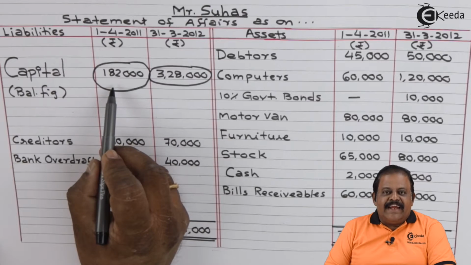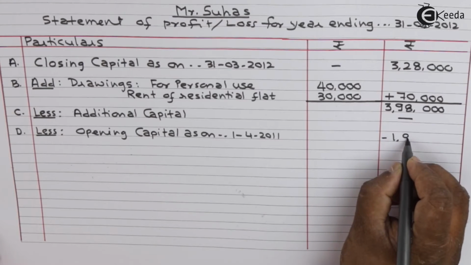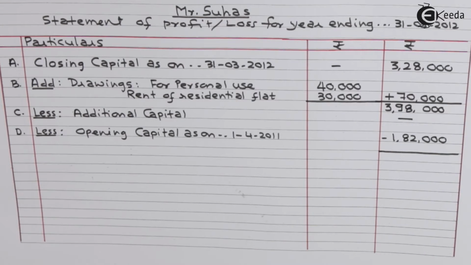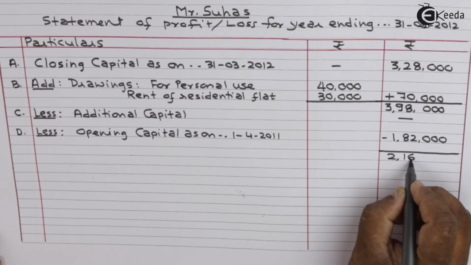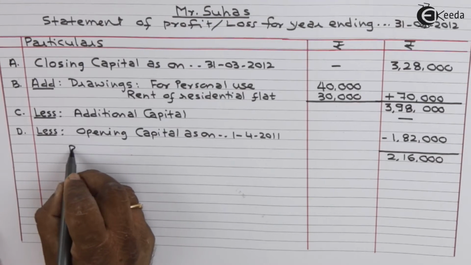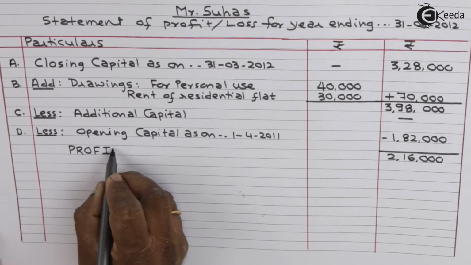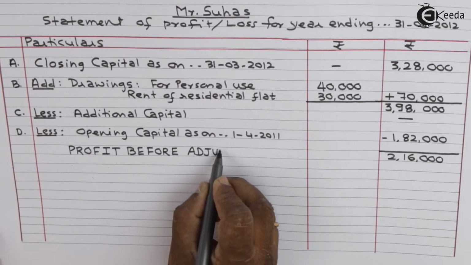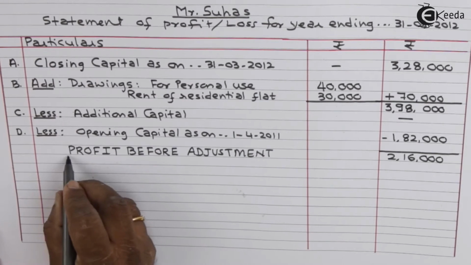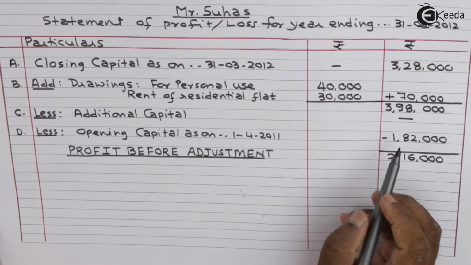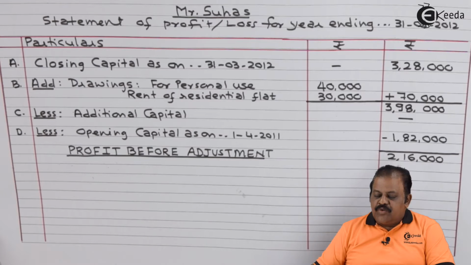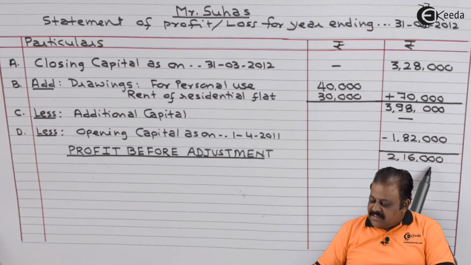We got opening capital 1,82,000. From 3,98,000, if we deduct opening capital 1,82,000, we arrive at 2,16,000.